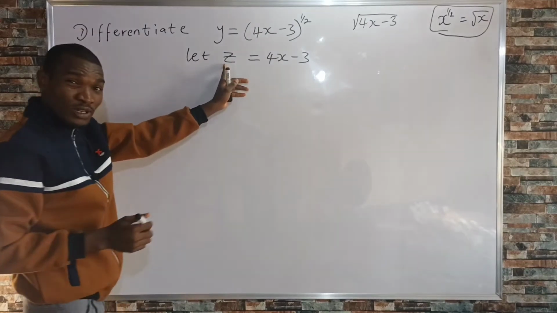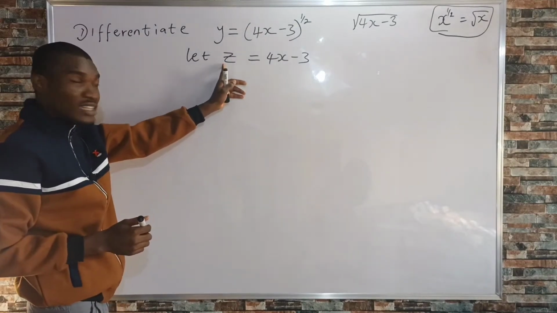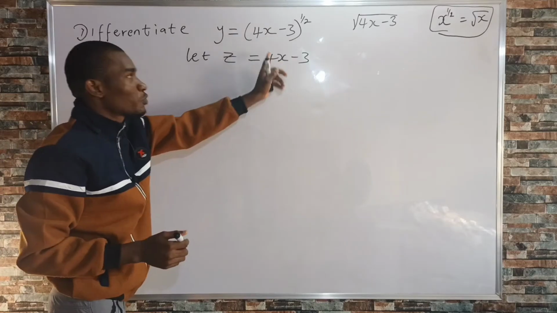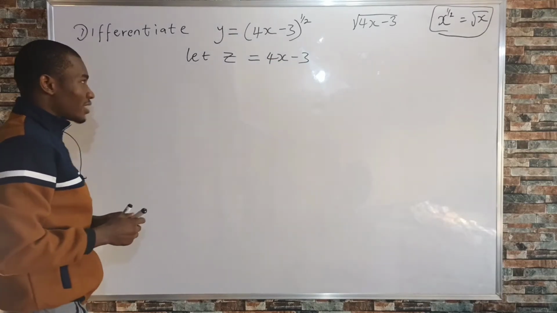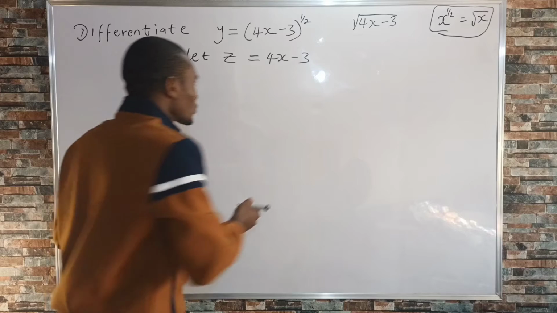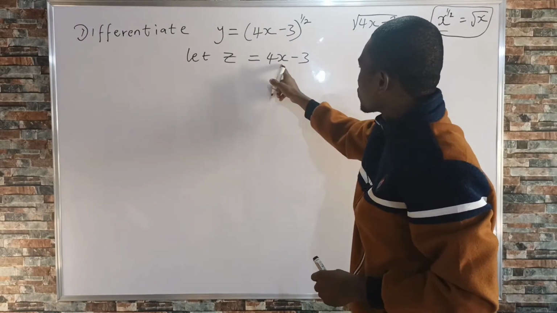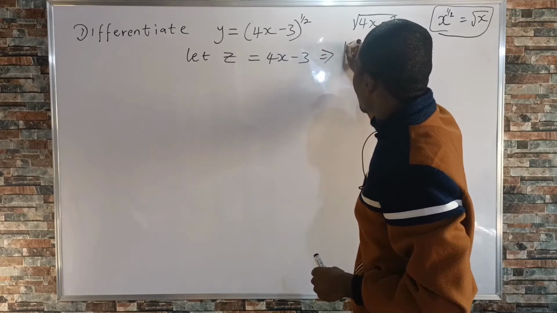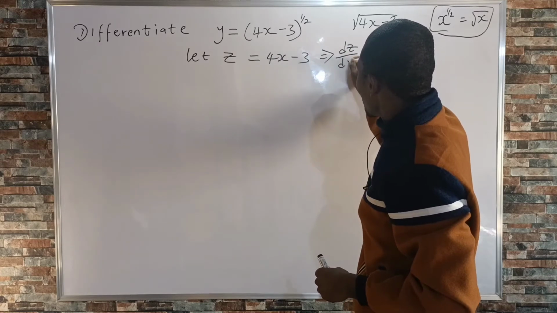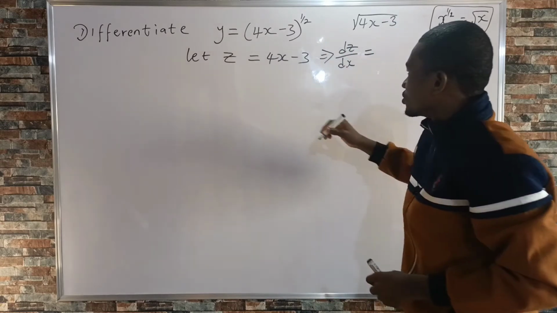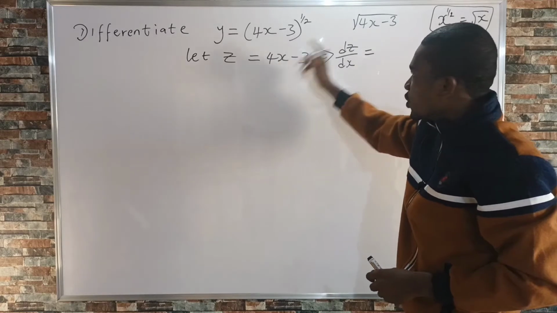Such that when we differentiate z with respect to x, we shall have dz/dx, and that is equal to differentiating 4x will give us 4, and differentiating 3 will give us 0. So we have 4 minus 0, and that is still 4.